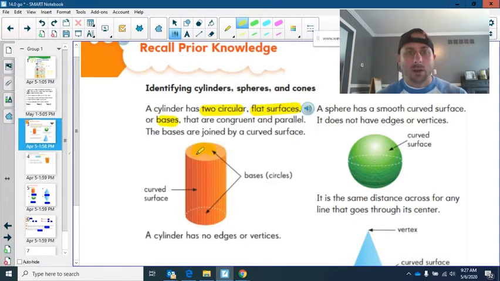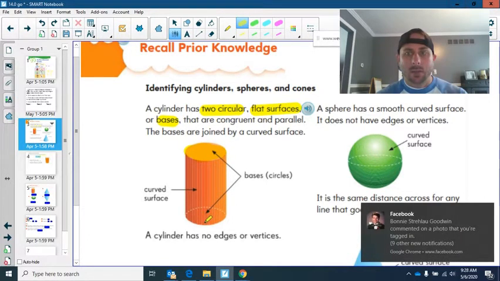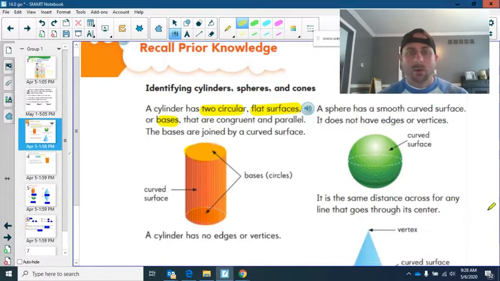They're right here. Here's base 1 and base 2. Those are faces and bases. They're congruent and parallel. So this base is perfectly parallel to this base.